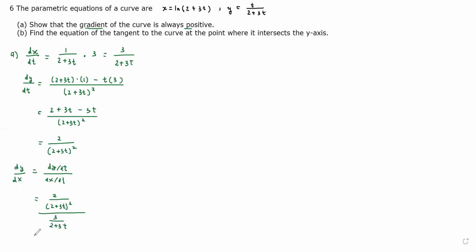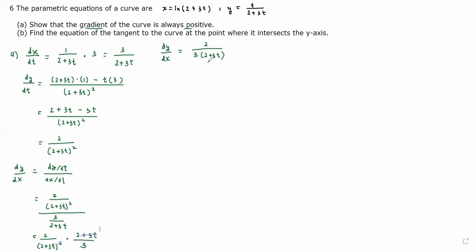So when we are dividing fractions, we have 2 over (2 + 3t) squared multiplied by the reciprocal of the denominator, which is (2 + 3t) over 3. The factor (2 + 3t) is common, so we can cancel this. Then we have dy/dx equals 2 over 3 times (2 + 3t).